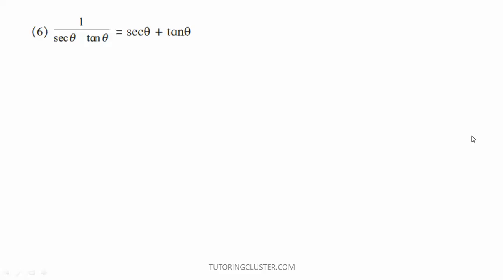Next, see the example number 6. So here 1 upon sec theta minus tan theta. So take the LHS, 1 upon sec theta minus tan theta. We know what is sec, 1 upon cos of theta minus what is tan, sin theta upon cos of theta.